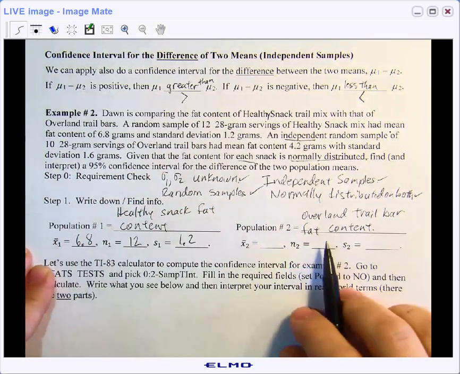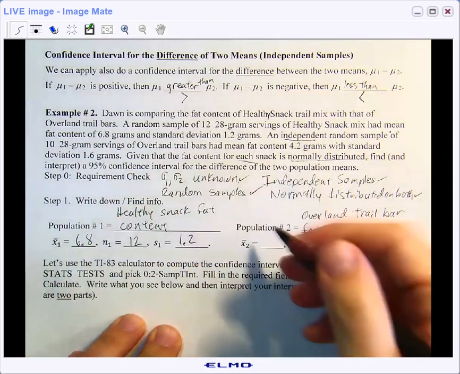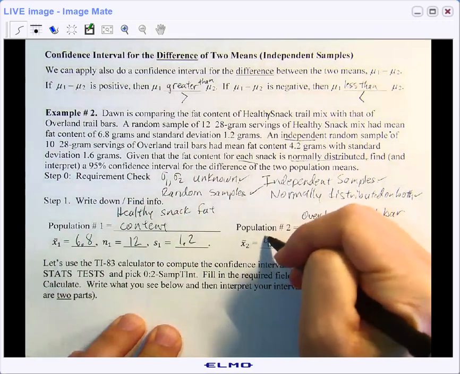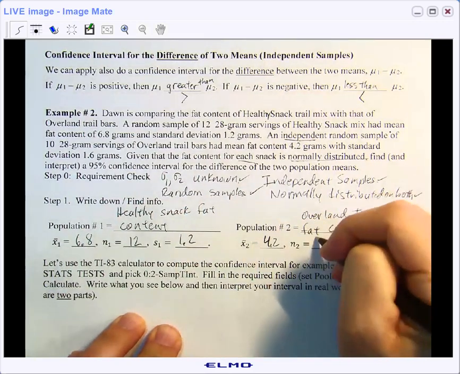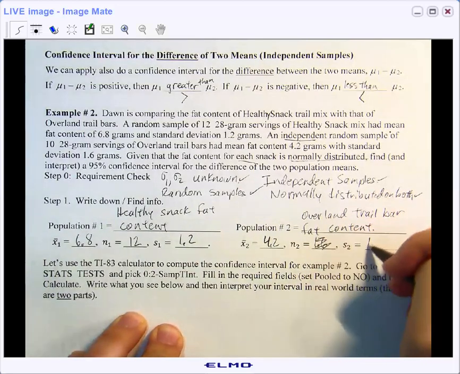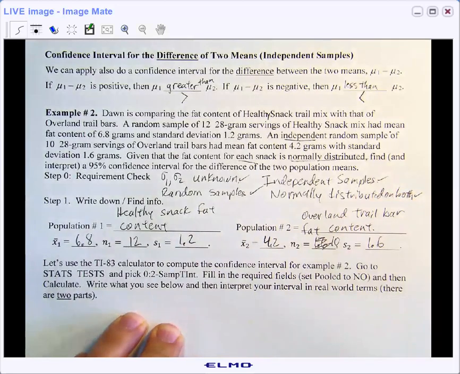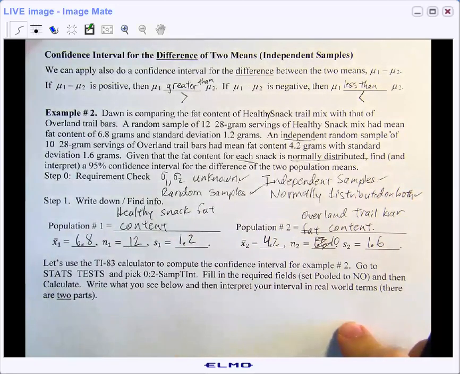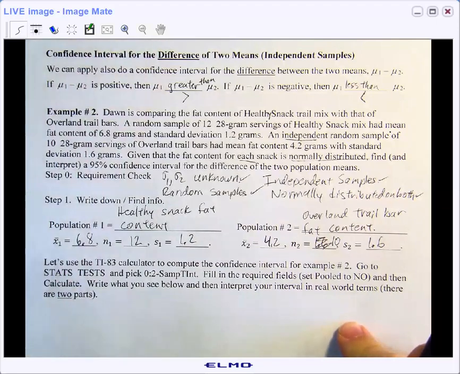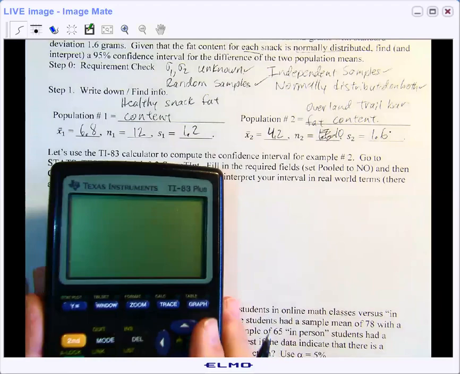For the second group, the overland trail bars, the average fat content was 4.2 grams with a standard deviation of 1.6 grams, and we had a sample size of 10. Now, we could go through all the formulas, but I'm just going to cut to the chase and get some help from my technology. I'm going to use my calculator here.